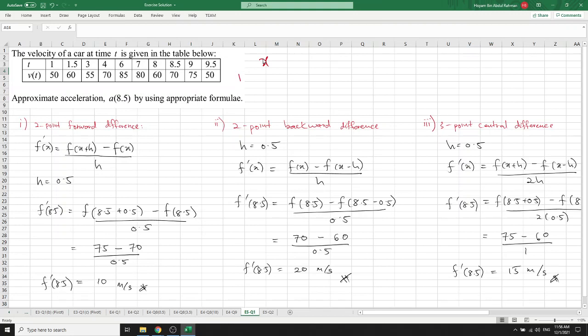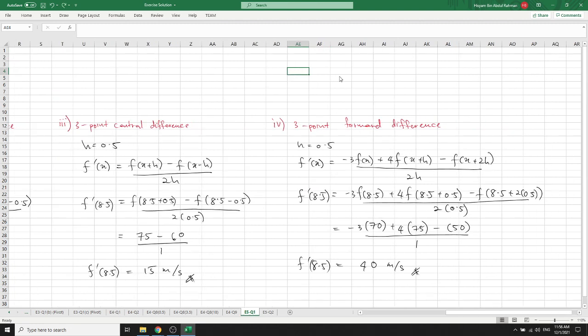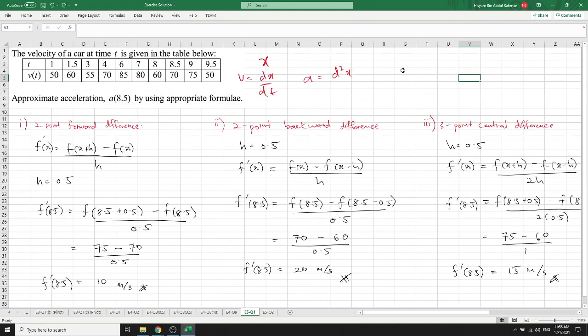To find the velocity is equal to dx/dt, and to find the acceleration is equal to, what is it, dv over dt. Since they give you the velocity, we just need to differentiate only one time.